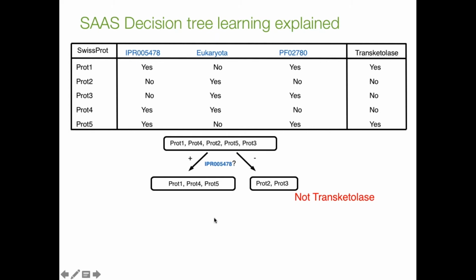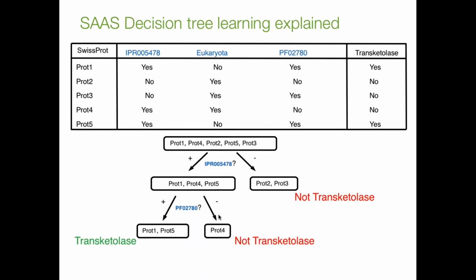So for this set, you need to discriminate using another attribute, and the algorithm will select another attribute, which is here the Pfam, to split this set into two different sets of proteins. The one that has this Pfam signature on top of the InterPro signature, and another set which doesn't have this Pfam signature. And this last set, as you can see, by having those conditions, has this transcatalase annotation.